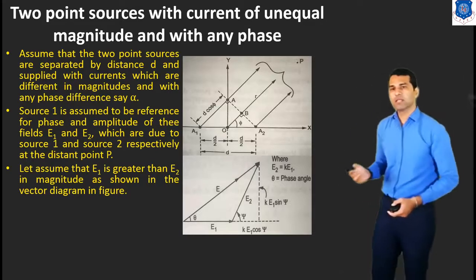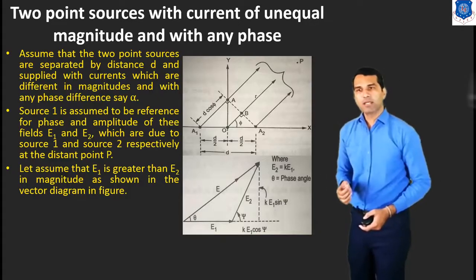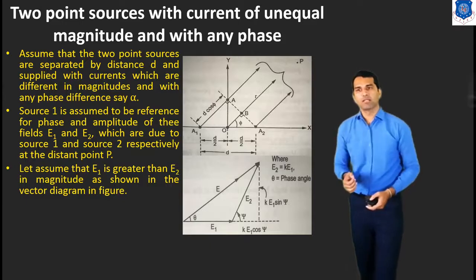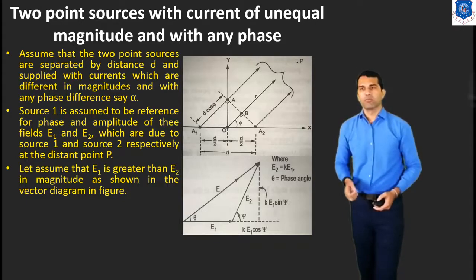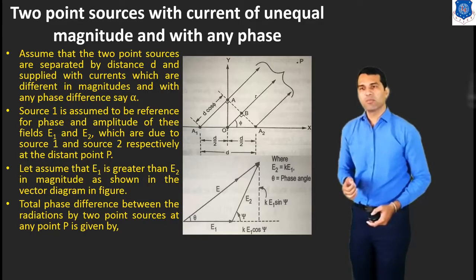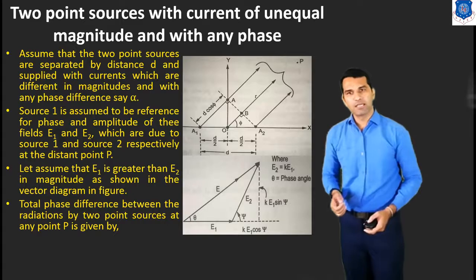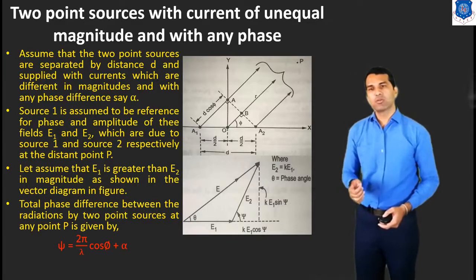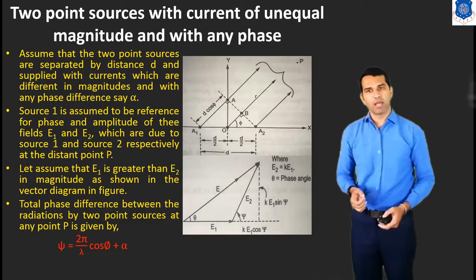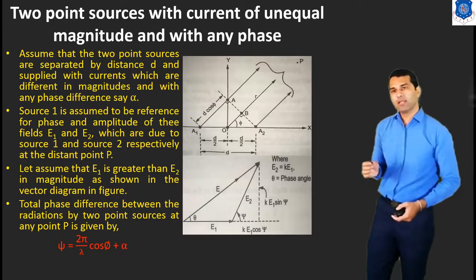That means the electric field magnitude is greater than E2. The total phase difference between the radiation by the two point sources at any point P is given by ψ = (2π/λ) cos φ.